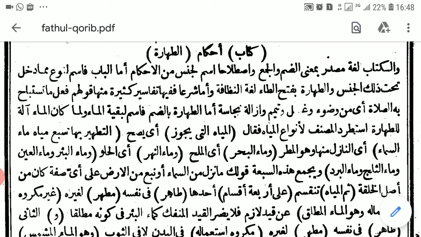Al-miyahu allati yajuzu ay yasihhu at-tathiru biha sab'u miyahin. The water that is allowed for taharah is 7 kinds.